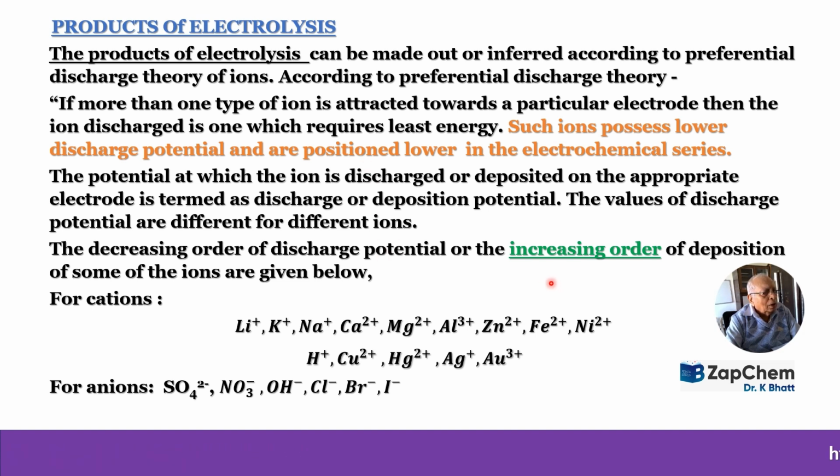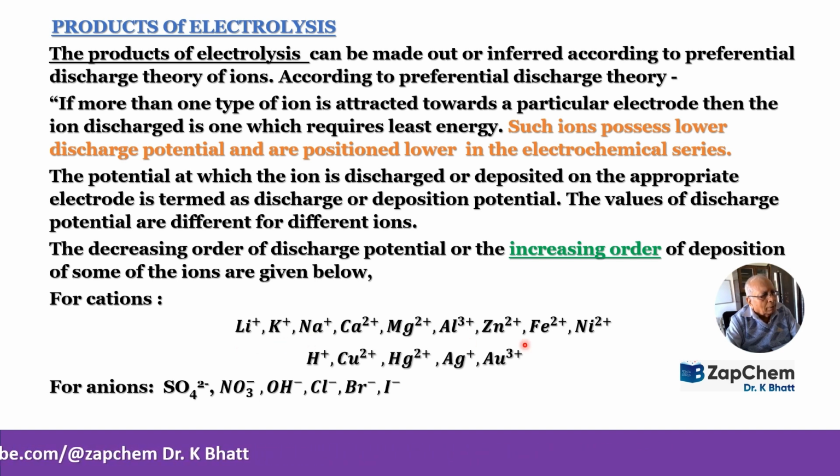Now, this is according to the increasing order, lowest in the electrochemical series, ECS, electrochemical series, that deposits first. And here there is some increasing order of deposition potential of some of the ions given. Lithium is minimum. It will get deposited first.